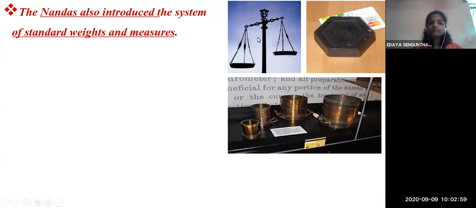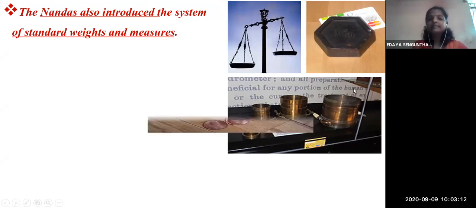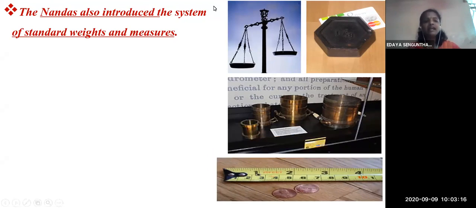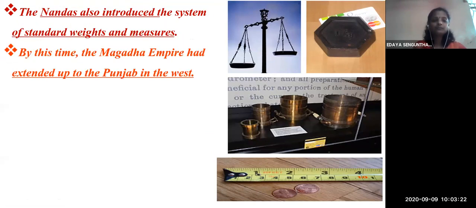Miss, this is a weight measuring device. Equipment which we use to measure or check the weight. This type of standard measures were introduced in the Nanda dynasty. Nanda kings only introduced this type of standard weights and measures. Understood?